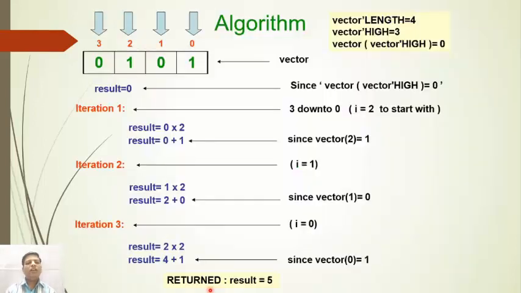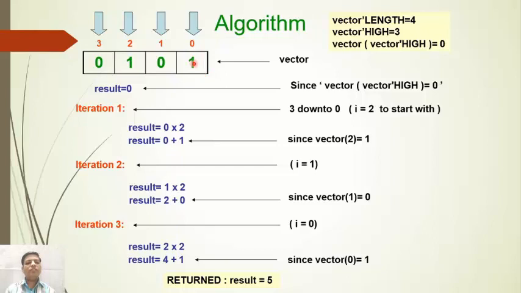So for that, here we have considered one example, or one algorithm we have taken. Here is 4 bits of information, that is 0 1 0 1. Here we have declared the vector length. The vector length is equal to 4. How have we calculated the vector length?